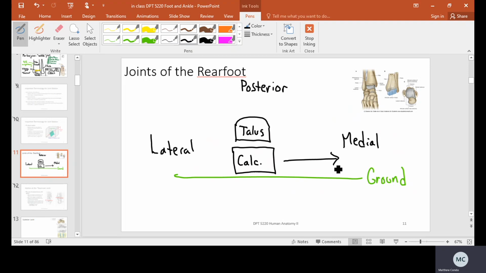Like we said, talus is going to react to whatever calcaneus does. I'm going to expect to see my talus go what direction? Lateral. So inversion, I'm going to see medial calcaneal displacement, lateral talar displacement.